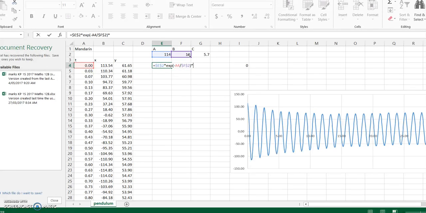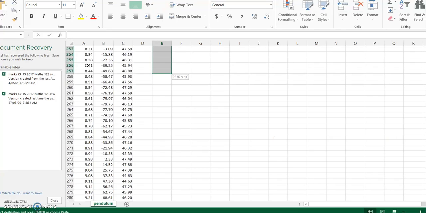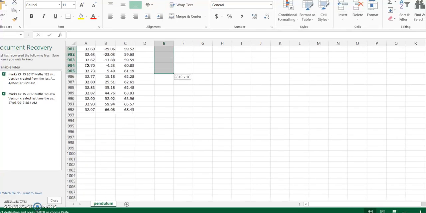Close that, times cosine bracket of this number with dollar sign, times again by my t. Okay, so that's that formula, which I can then copy all the way down to the bottom of all this data here.